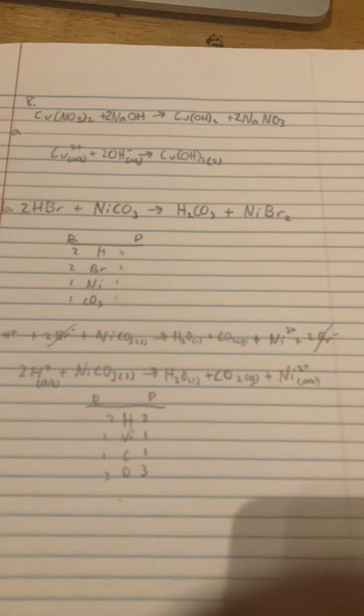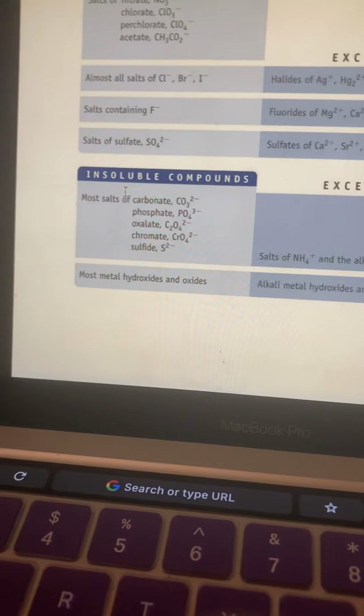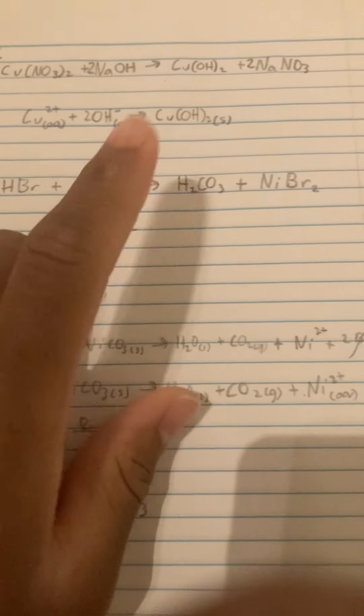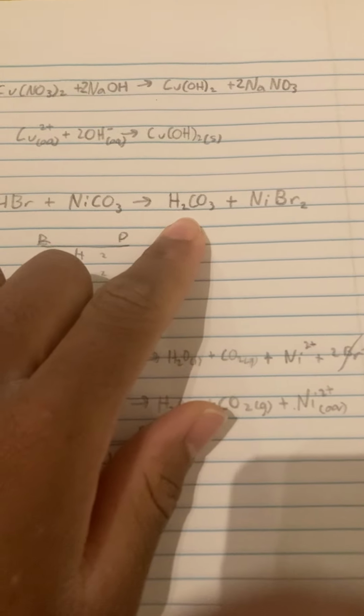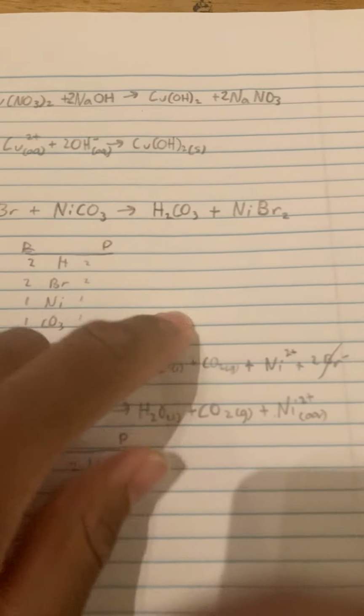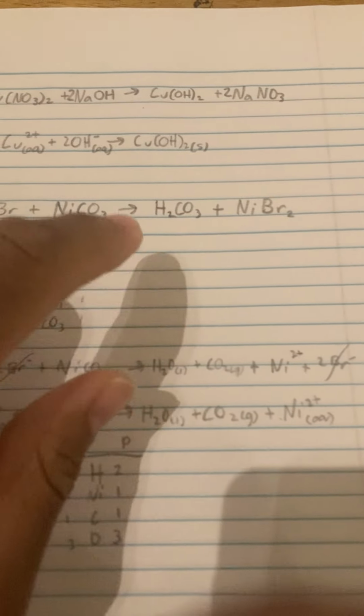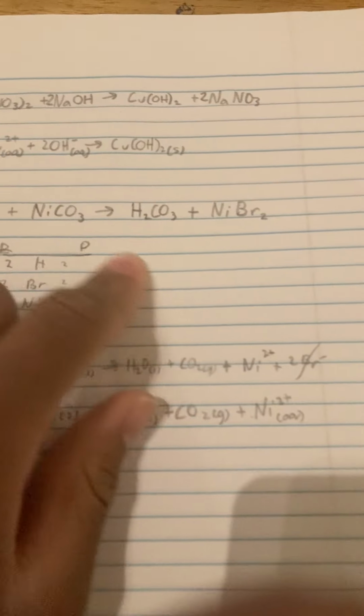This does not dissociate because that is not soluble because of carbonate, which is right there. So it's not soluble, but you can take it and turn it into H2O plus CO2. So it's a gas.